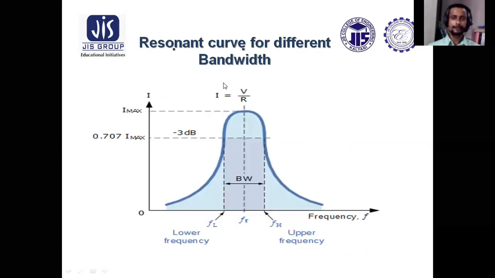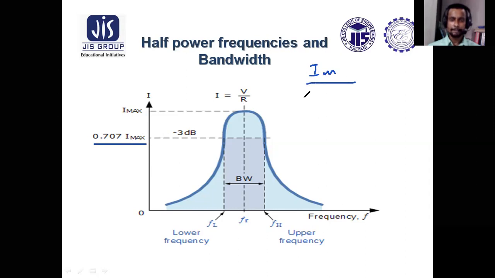Now, what is the concept of bandwidth? This is Imax, the current at resonance, which is maximum. And this is 0.707 of Imax. What is 0.707 of Imax? That is Imax by root 2. Now, what is the formula for power?